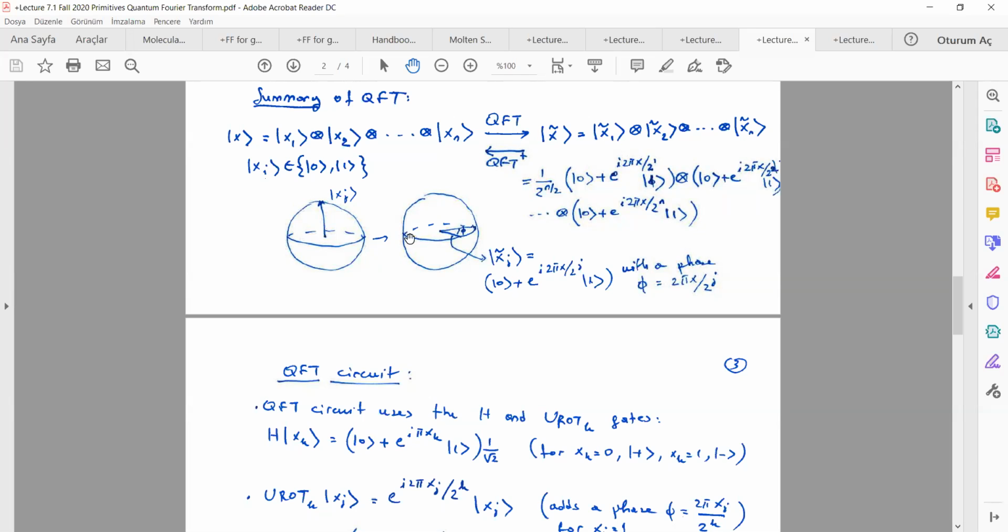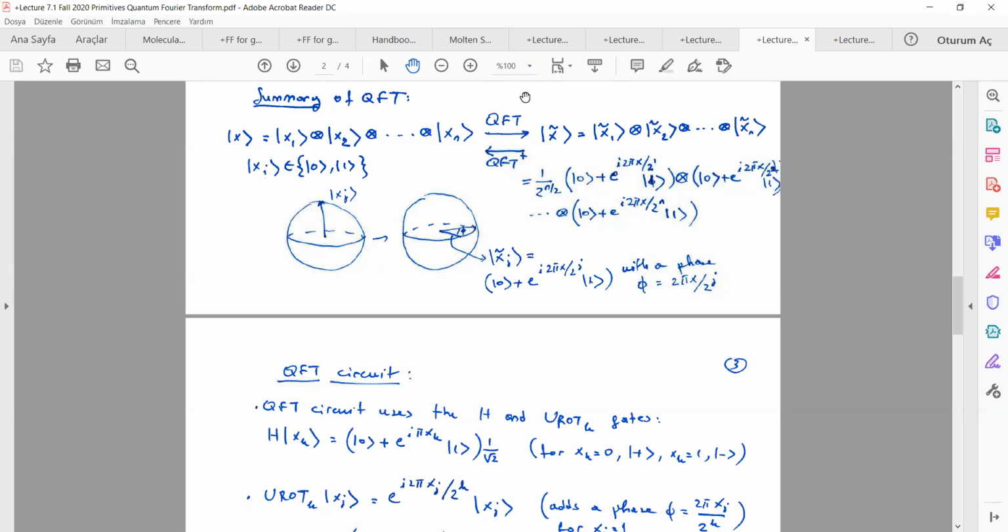How do you represent a quantum state on the equatorial plane? You have ket 0 plus ket 1 with a phase in front, right? If the phase were 0, you would be just at this location, the ket plus state. But by adding phases, you are basically rotating around this equatorial plane.